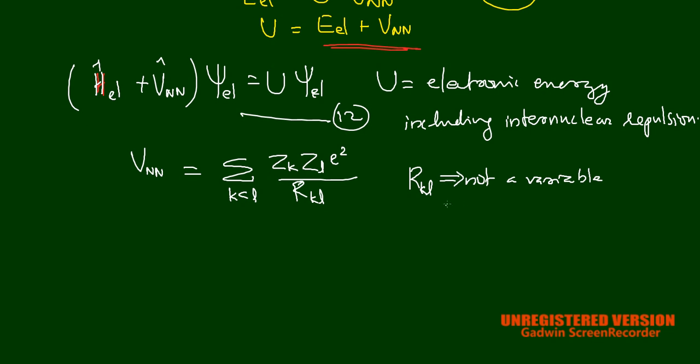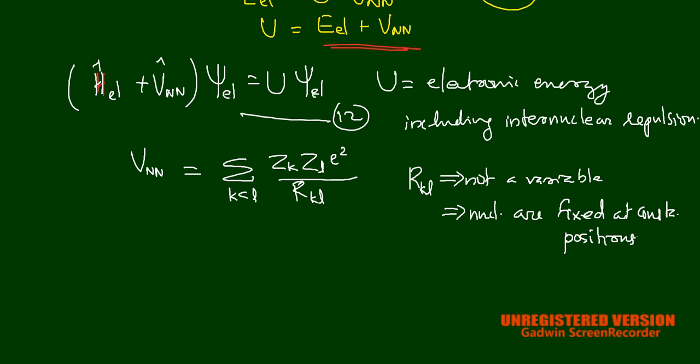It means that it is fixed. The nuclei are fixed at constant positions. But we know that nuclei are not fixed at constant positions, and there are infinite number of different nuclear configurations corresponding to different nuclear positions.